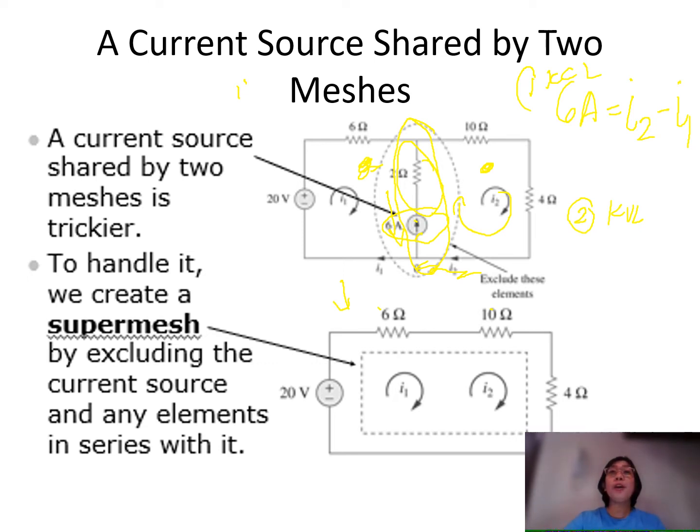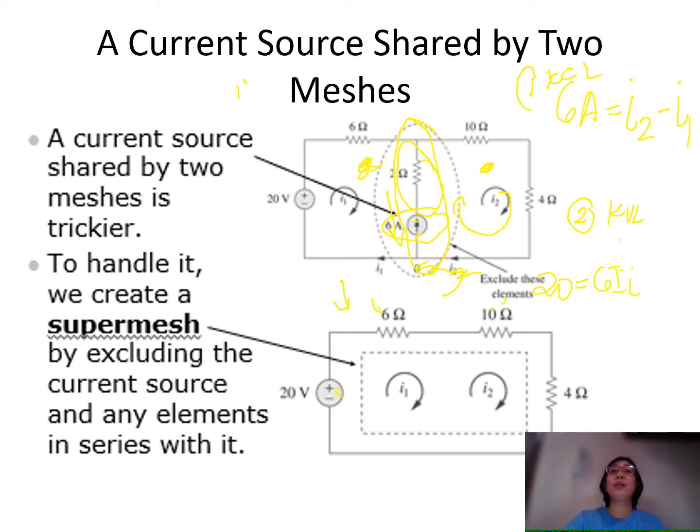Look at our loop. It will go out at positive 20. So we have here 20, which is equivalent to what resistor wherein I1 is flowing. That is 6, so we have here 6 I1.